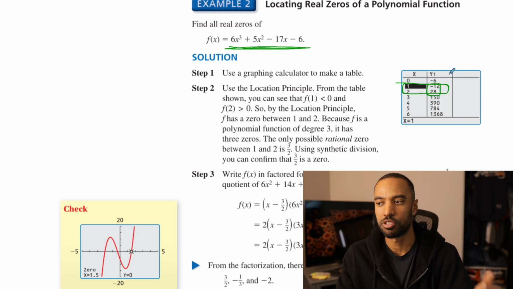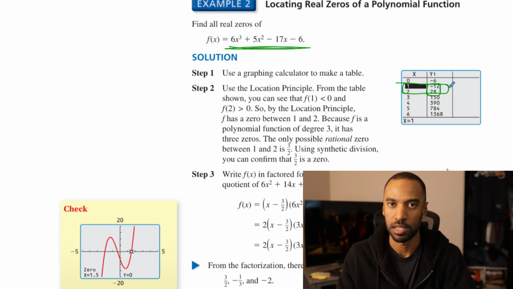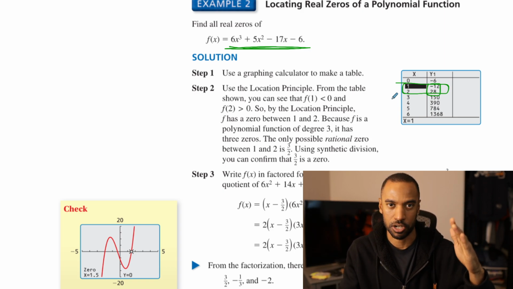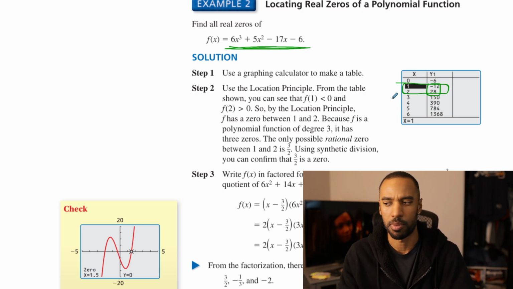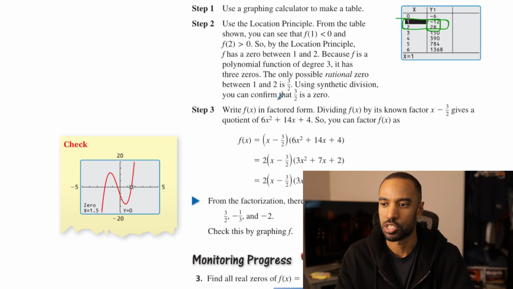If they go from negative to positive, that means somewhere in between x equals 1 and x equals 2, we hit y equals 0. That is a must. Polynomial functions are continuous. It doesn't just jump from negative to positive. It actually flows from negative to positive. So somewhere between 1 and 2, that's what they're saying, there is that value. So let's see what they're going to say here.